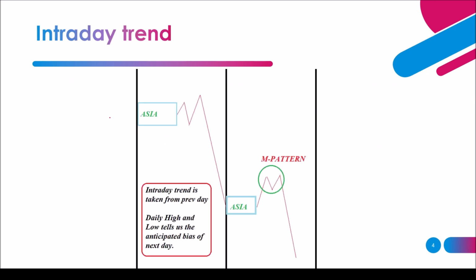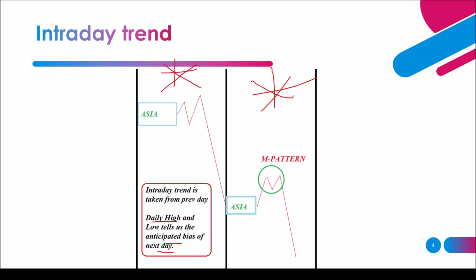So here is an example of how to determine an intraday trend. The first thing is to see the daily high and low of the previous day, as this gives us the anticipated bias of the next day. For instance, we are on this particular day, which is, let's call it Tuesday, and this is Monday.